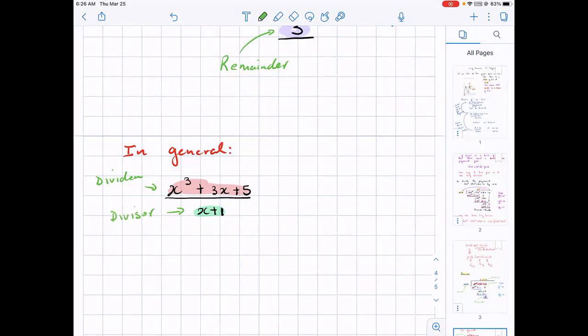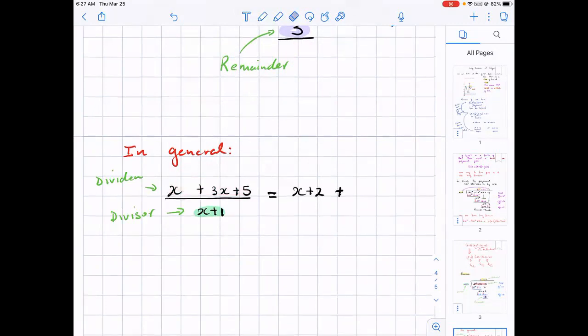Now, if you perform that long division, you will get an answer, okay? We didn't do this, x plus 2, plus some remainder, you'll get a remainder, okay? This here should have been a square.